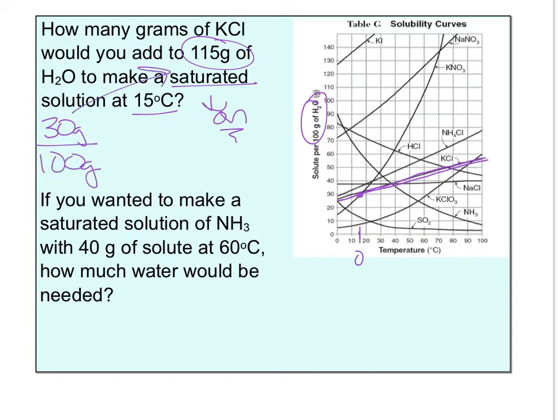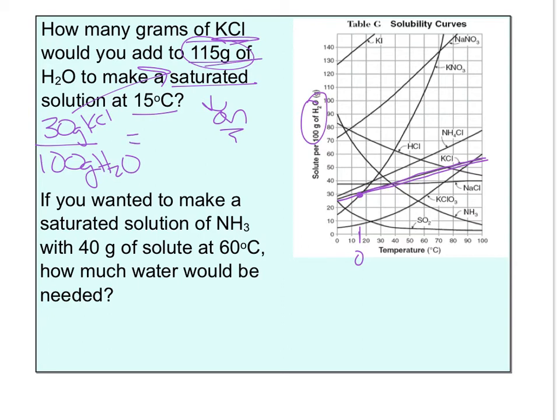I know that. So this is KCl, the solute, and H2O, the water. So I can figure out how much KCl I would add to 100 grams of water to make it saturated at 15 degrees Celsius, but I want 115 grams of water.